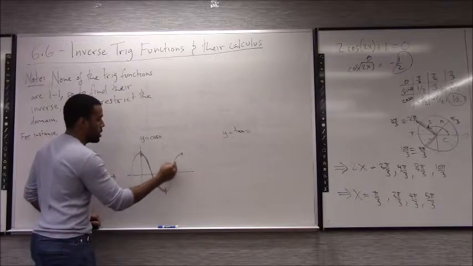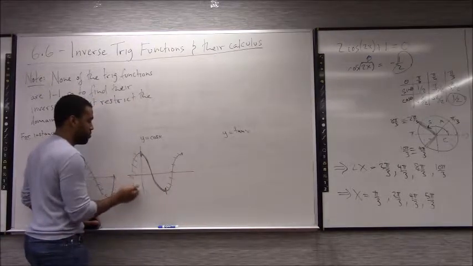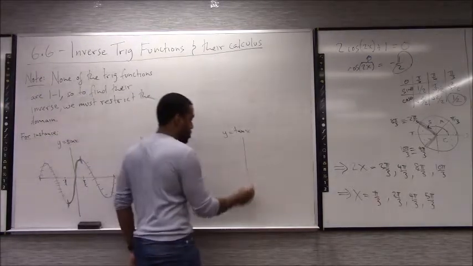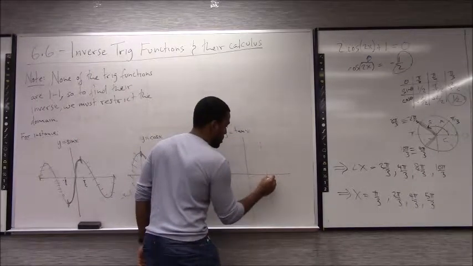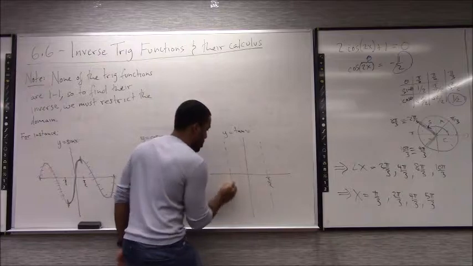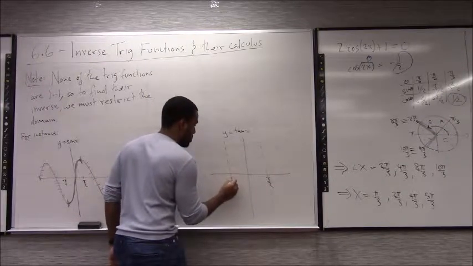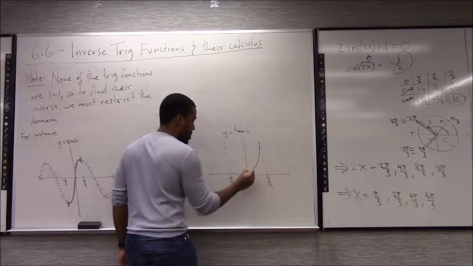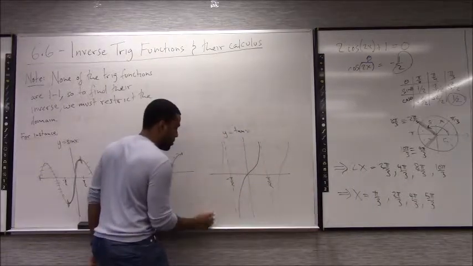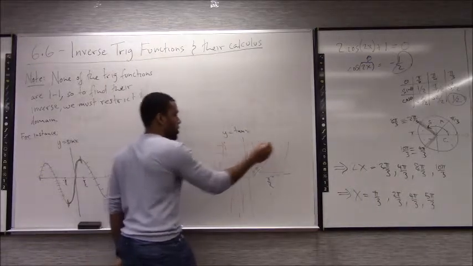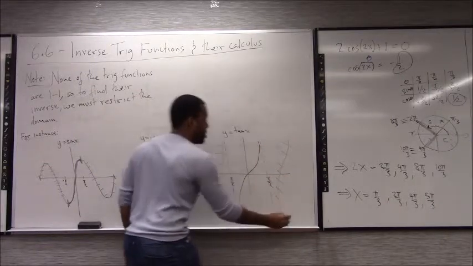And we ignore everything else. Tangent, we also know that graph. This is at pi over 2. This will be at minus pi over 2. And we restrict the graph for the inverse here. So we ignore all the other sections except that section that's right in the middle.